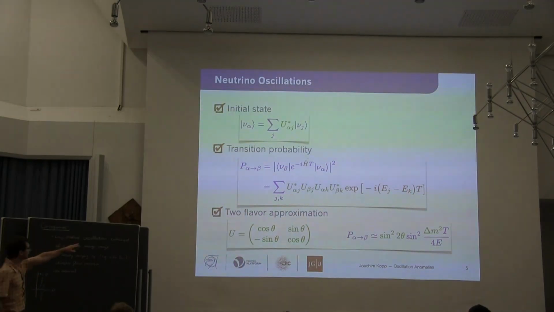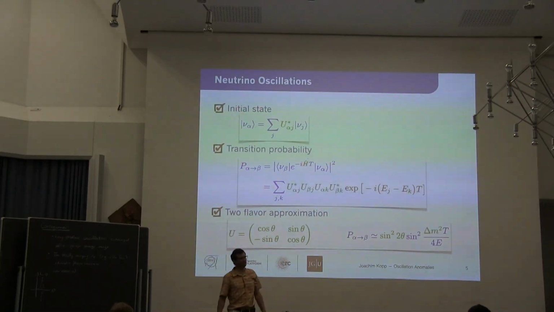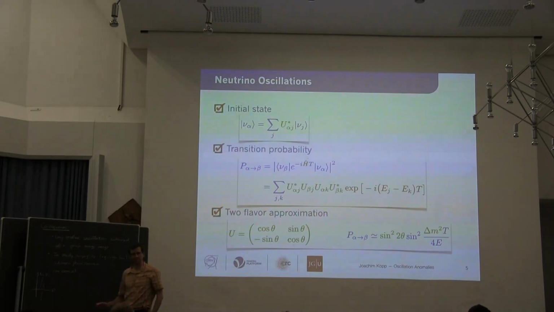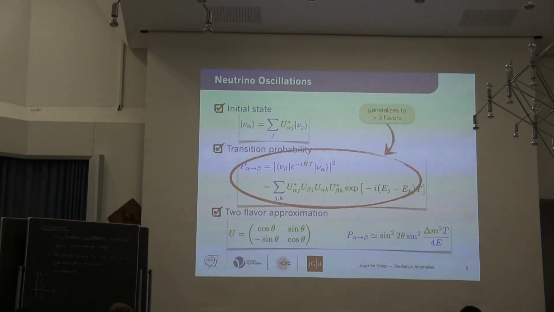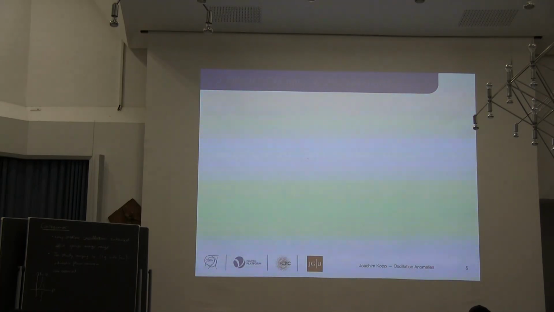Also the final result here for P alpha beta, that's exactly our main result for neutrino oscillations. The only difference now is that the mixing matrix is now not a 3x3 matrix, but maybe a 4x4 matrix, or, depending on the number of sterile neutrinos you introduce, it's going to be a larger matrix. But the functional form stays exactly the same.